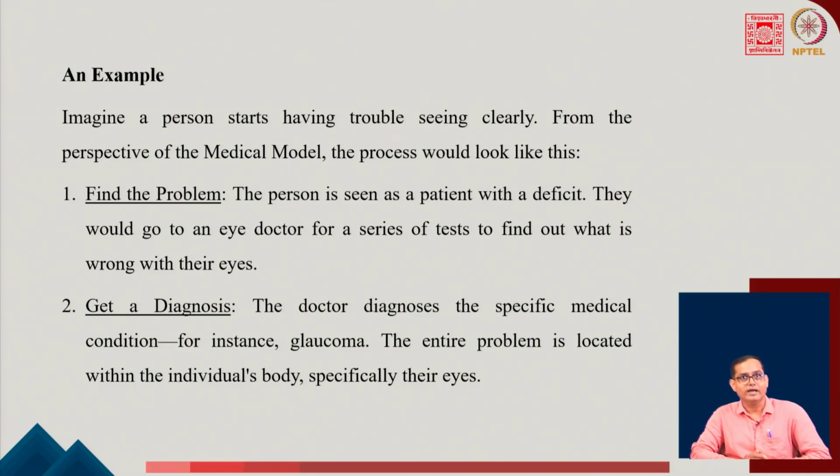He would go to an eye doctor for a series of tests to find out what is wrong with the eyes. Get a diagnosis. The doctor diagnoses the specific medical condition, for instance, glaucoma. The entire problem is located within the individual's body, specifically his eyes.